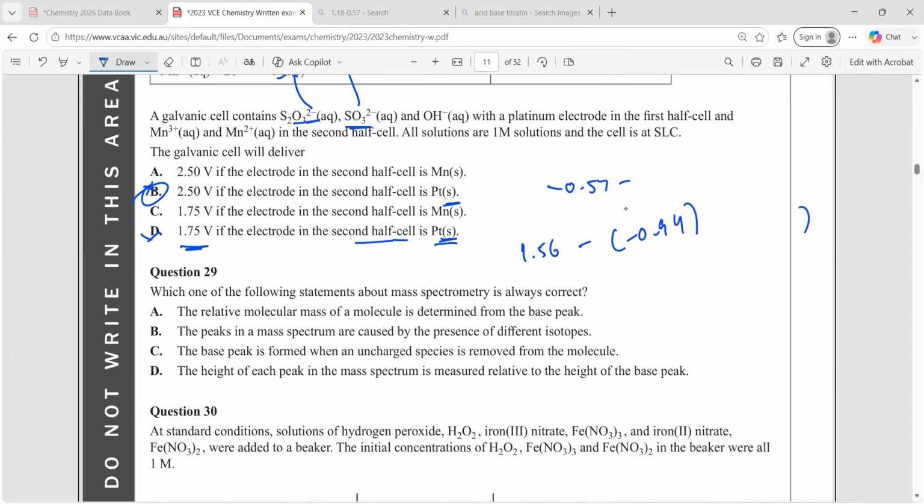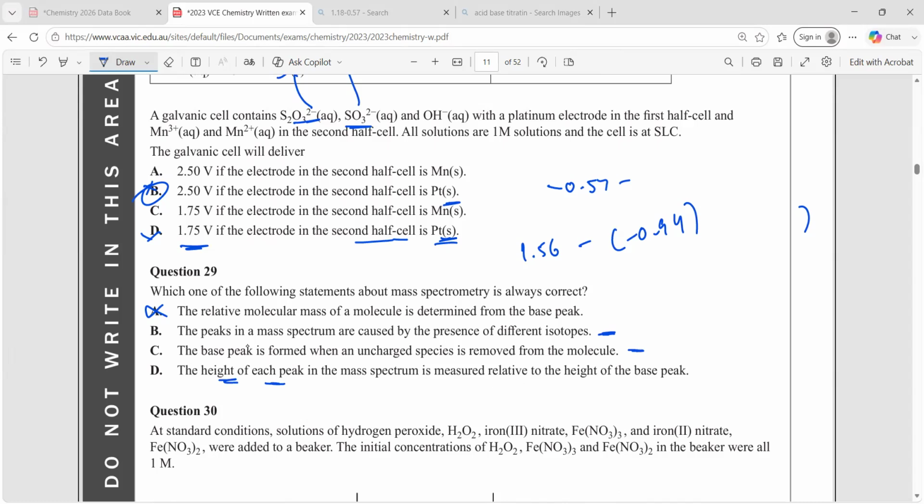Which one of the following relative molecular mass of a molecule? No, it's from the molecular ion peak, caused by the presence of different isotopes. Okay. The base peak is formed when an uncharged species is removed from the molecule. Okay, I don't think so. The height of each peak in the mass spectrum is measured relative to the height of the base peak.